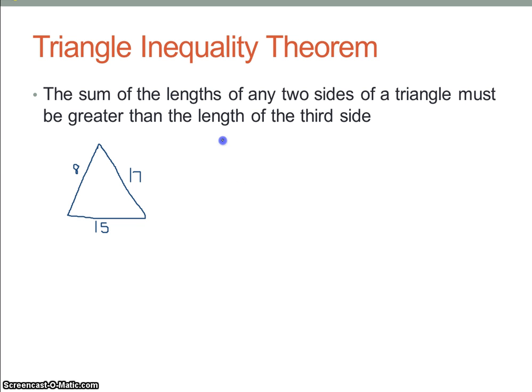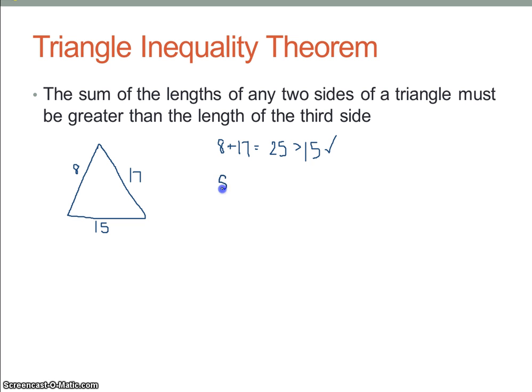So if we say 8 plus 17 equals 25, and we look at 25 compared to our other side of 15, 25 is greater than 15. Now that one works.